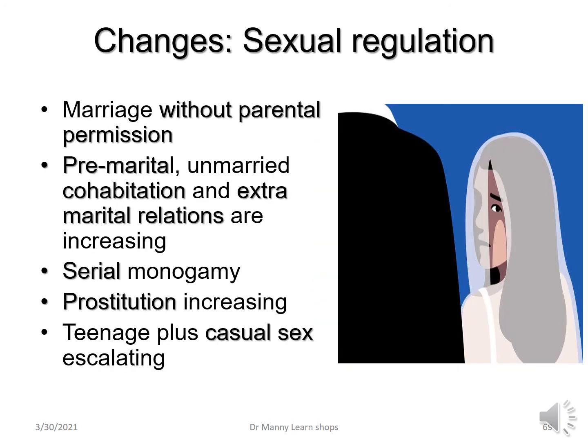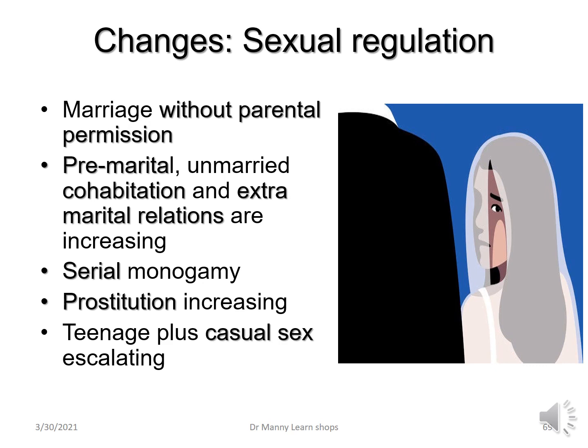Then you've got changes in relation to sexual regulation. Marriage is occurring more often these days without parental permission. Premarital, unmarried cohabitation, extramarital relations seem to be increasing. Then you've got serial monogamy. Prostitution seems to be increasing. Teenage casual sex seems to be escalating.